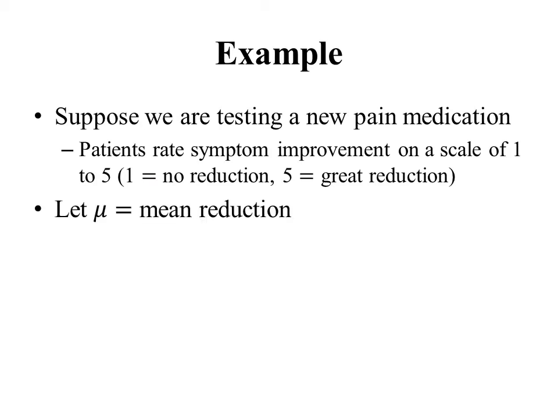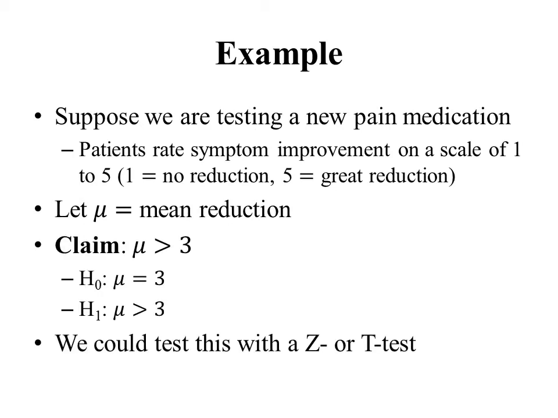Let's define a parameter, mu, to equal the mean reduction. Suppose that a researcher claims that the mean reduction for this pain reliever is greater than 3. And so they set up hypotheses that mu equals 3 versus mu is greater than 3.